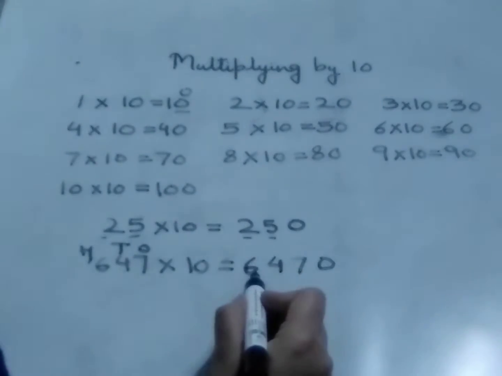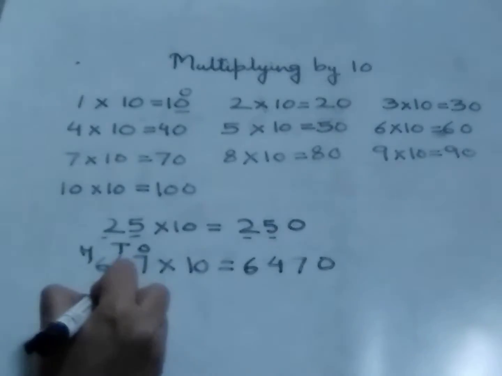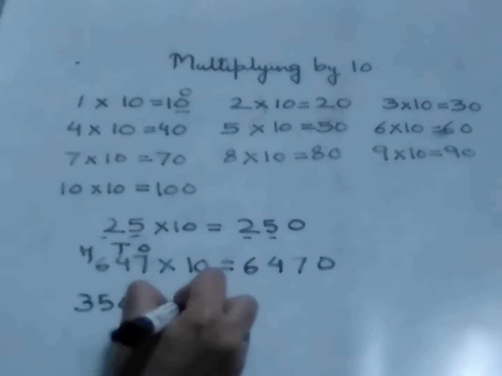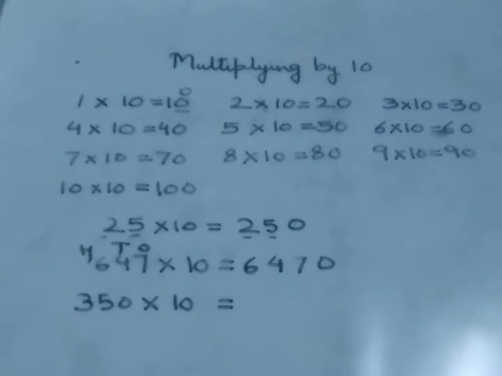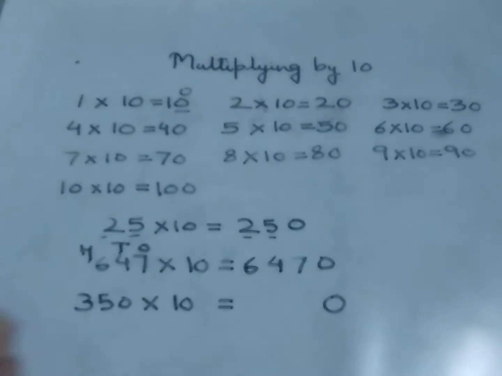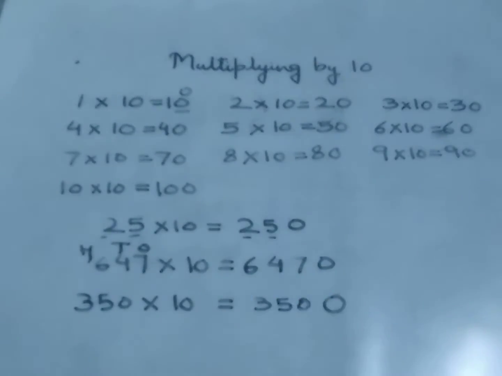So it becomes 6470. Similarly 350 when multiplied by 10, 0 is added to the ones place and each of the remaining digits is pushed to the higher place. 350, 3500.